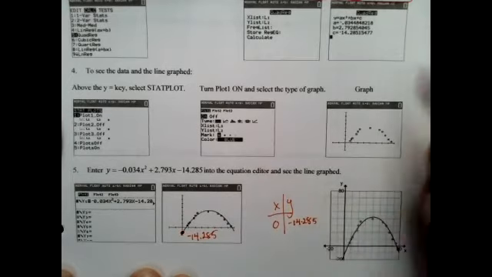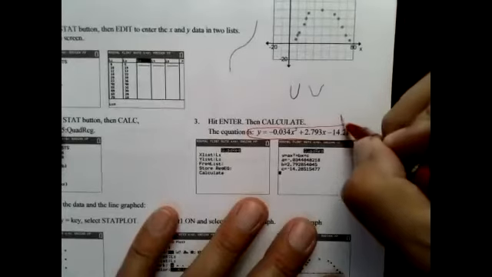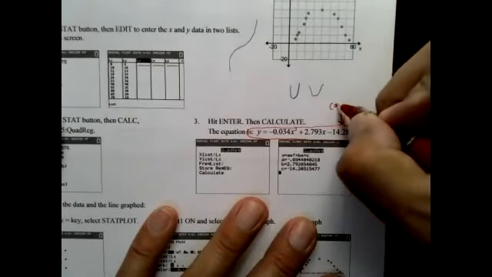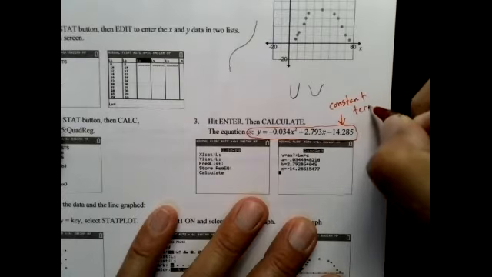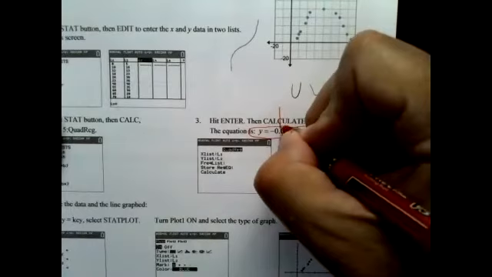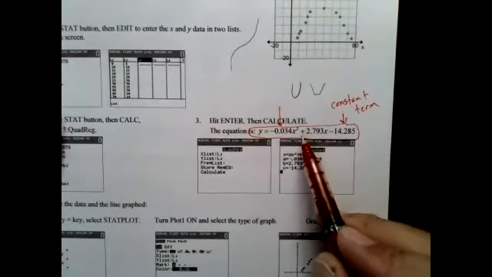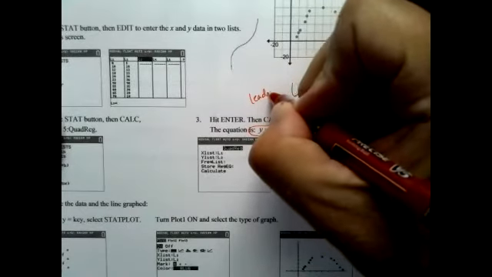Something we know. This guy has a name. We're going to talk about it a lot, so we might as well name it now. He's called the constant term. This guy over here, the number in front of the x squared, is called the leading coefficient.